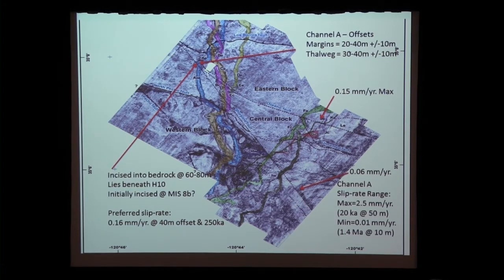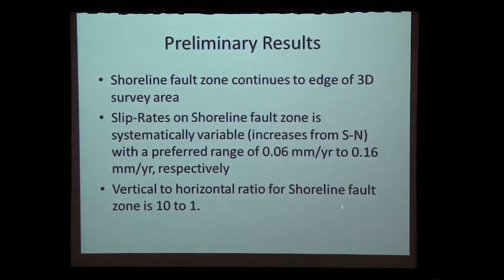It lies beneath H10. We think it initially incised in MIS 8B, and therefore we come up with a preferred slip rate for this part of the shoreline fault of 0.16 millimeters per year. And that's 40 meters offset at 250,000 years. This would be the slip rate.